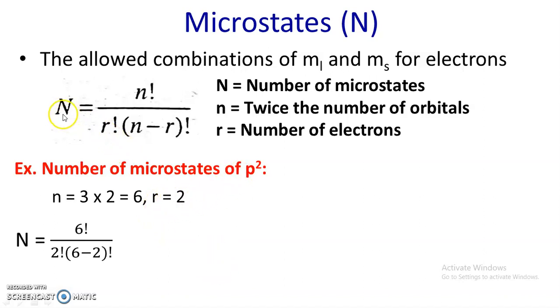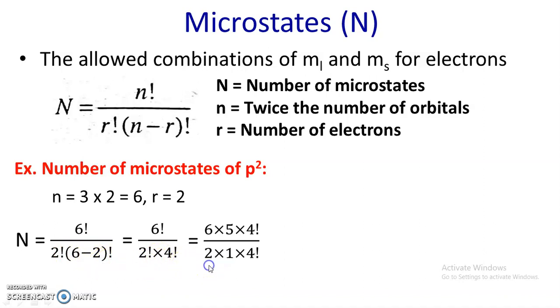So the formula N = n factorial upon r factorial into (n minus r) factorial gives 6 factorial upon 2 factorial into (6 minus 2), that is 4 factorial.